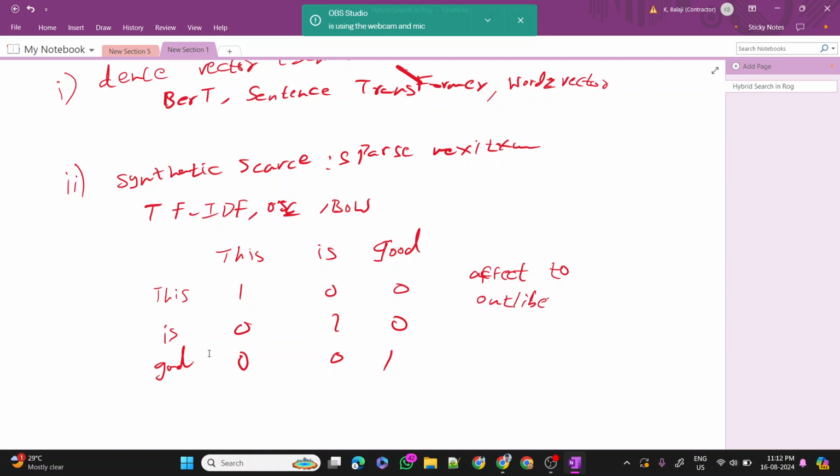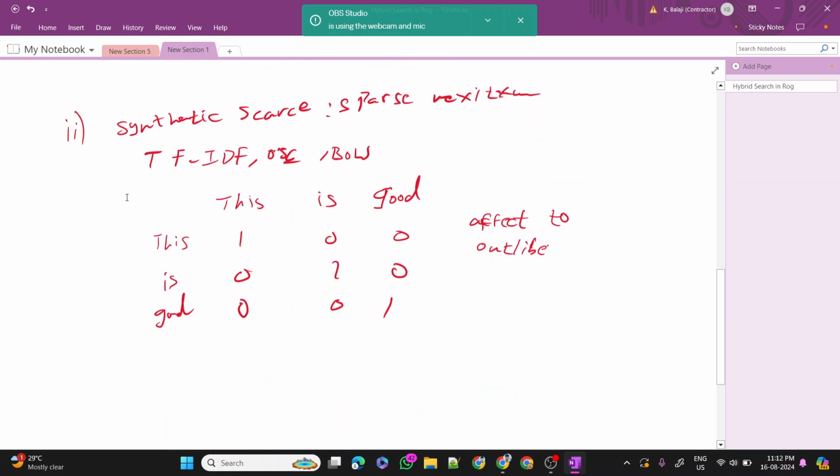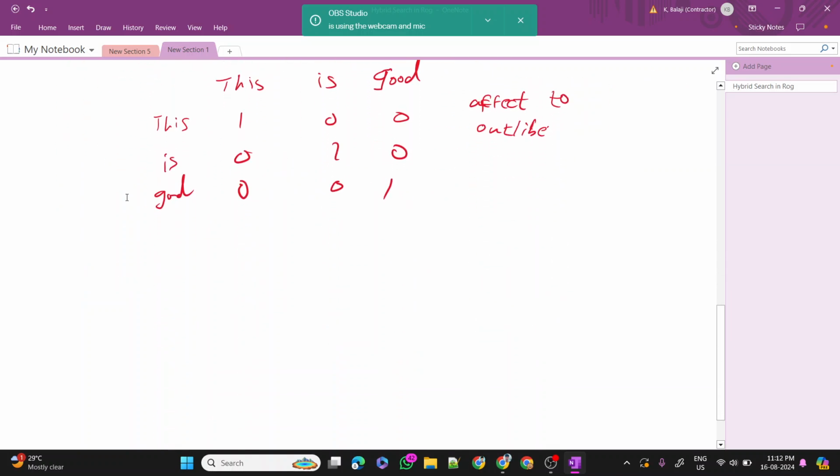In dense vector search, the retrieval is a little bit slow compared to synthetic search, but the accuracy of the retrieved data is good. So there are some advantages and disadvantages in both of them, and after that the new technique came into place, that is hybrid search.